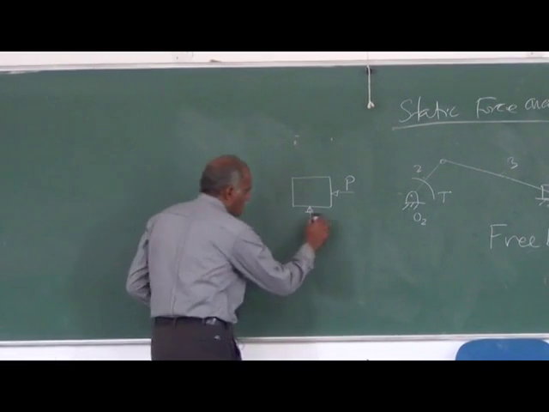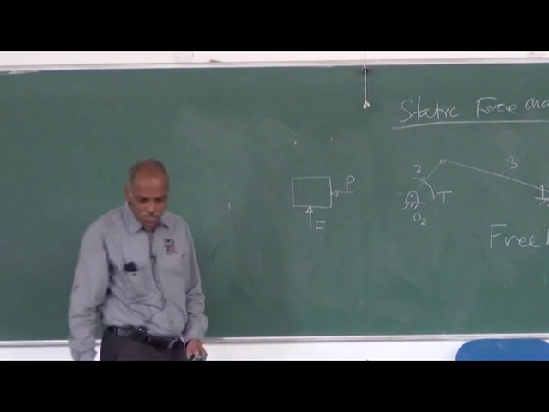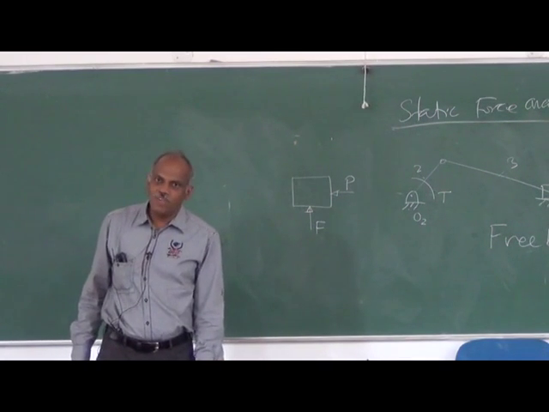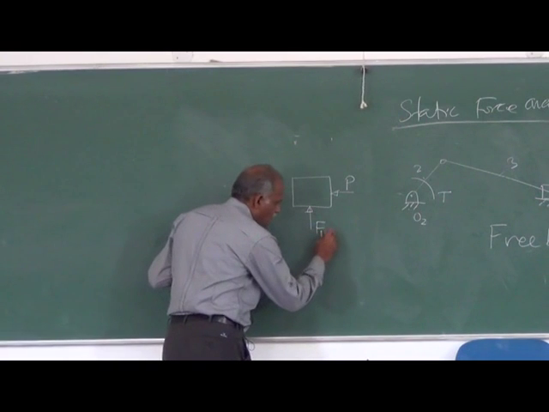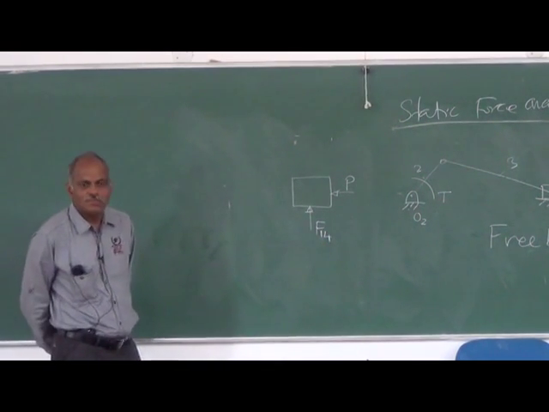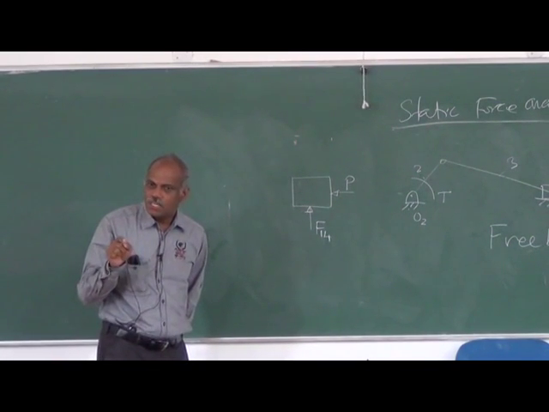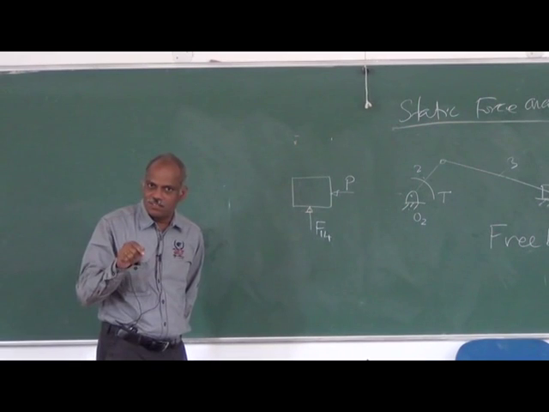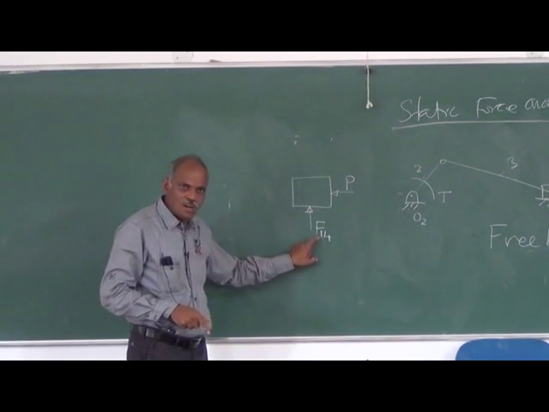Instead of calling this a reaction force, I can simply call it F, but I use a notation for convenience. I call this F14. When I say F14, it is the force applied by body 1 on body 4.